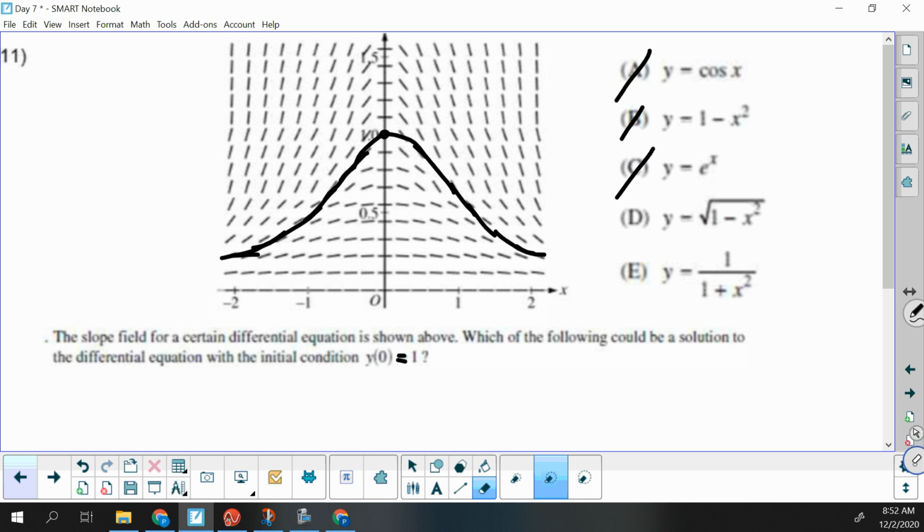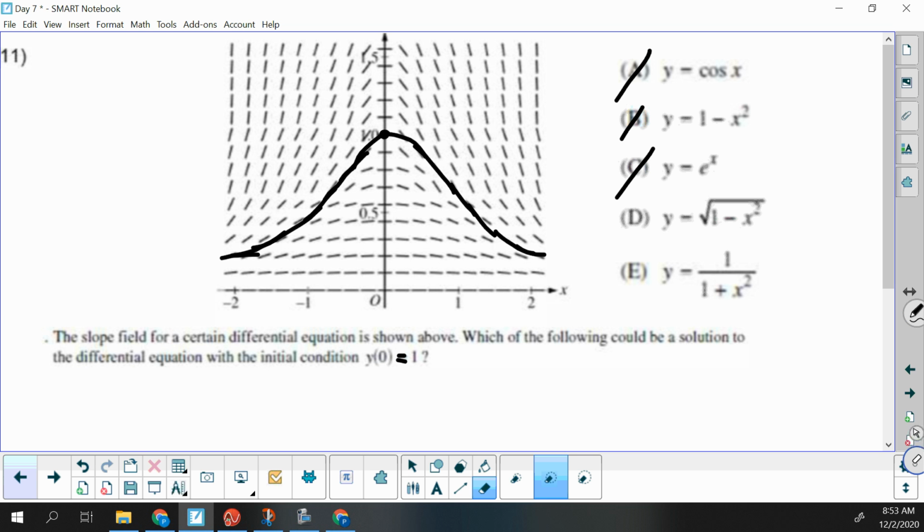Square root of 1 minus x squared. Well, as x becomes large, the y values would not exist past x equals 1. So this would not end up working out.